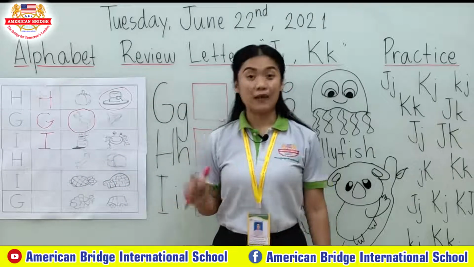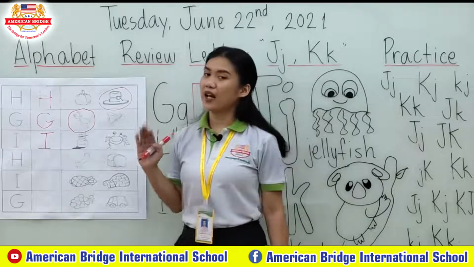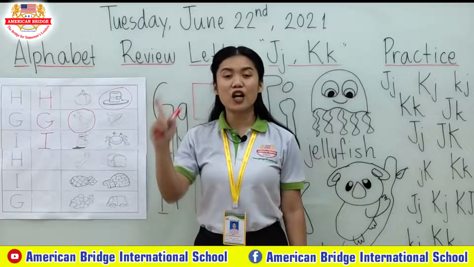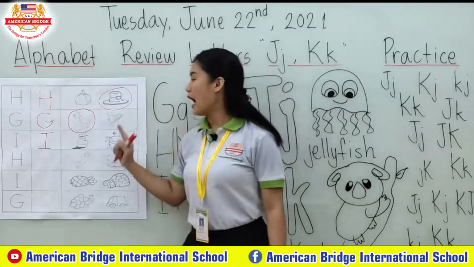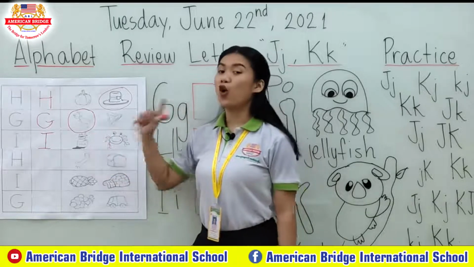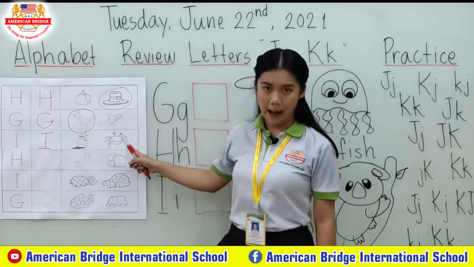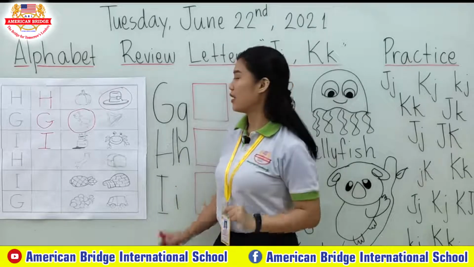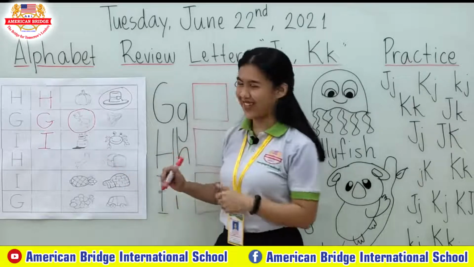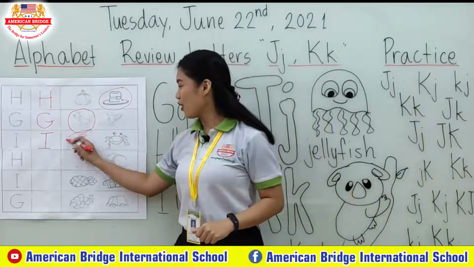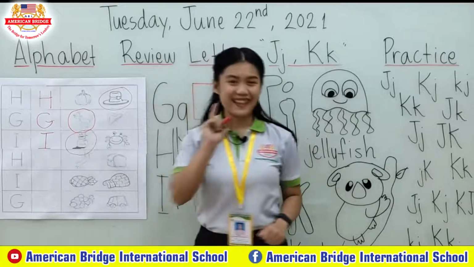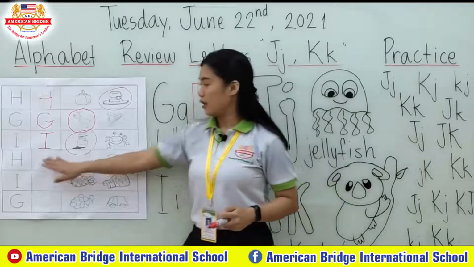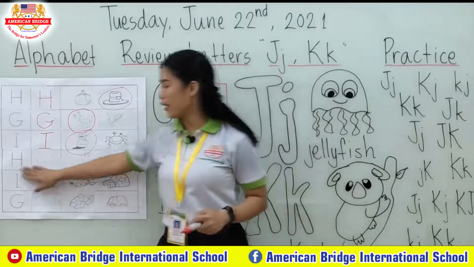That is capital I. Now, let's find and circle the thing that begins with the letter I. Is it I for ink or I for crab? I for ink. We talked about that already, right? Let's circle this thing.